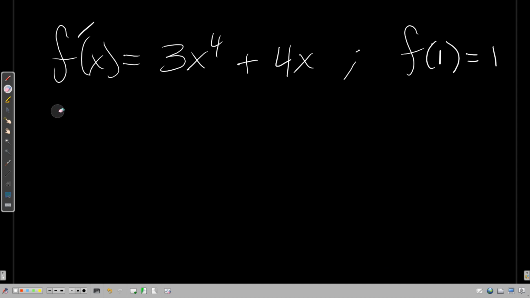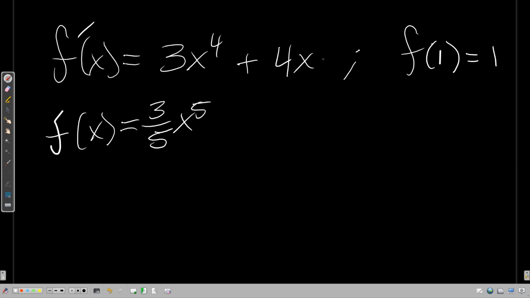Okay, so little f would be, so 4 plus 1 is 5. That's 3/5 x to the 5th. 1 plus 1 is 2. So this is 4 over 2 x squared, plus a constant.